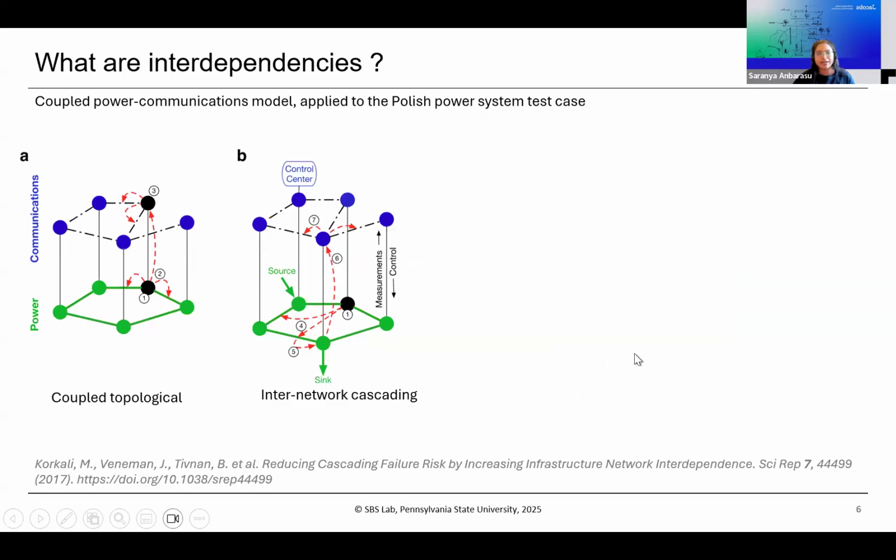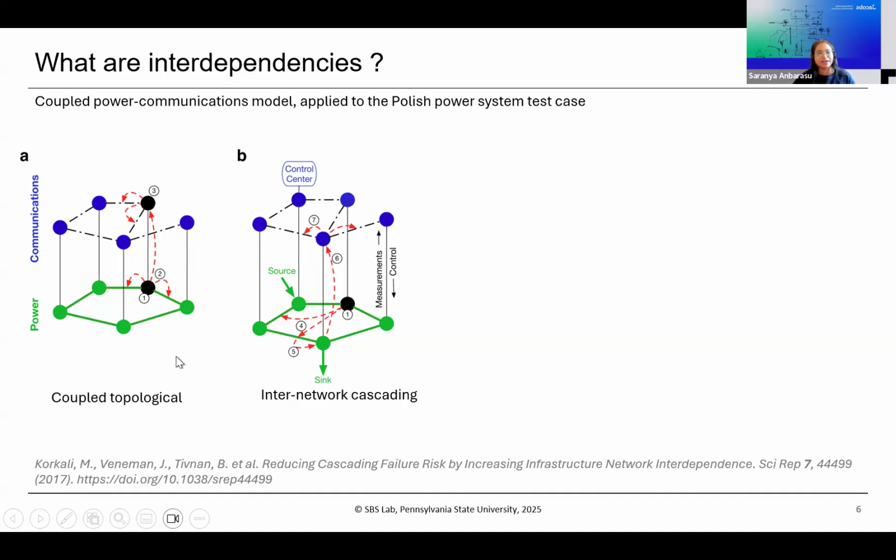To give you a quick look at the literature, this is from literature. It's about what interdependencies are. It talks about a study for a coupled power and communication model for a Polish power system test case. Just to set a base of what interdependencies are, I'm bringing out this example. We have the communication system and we have the power system.